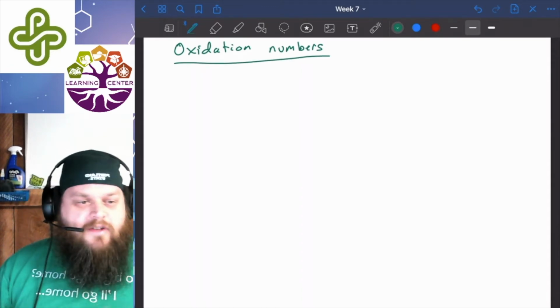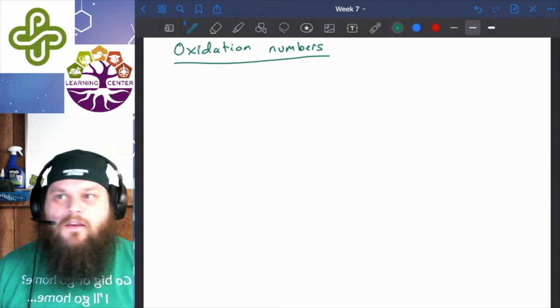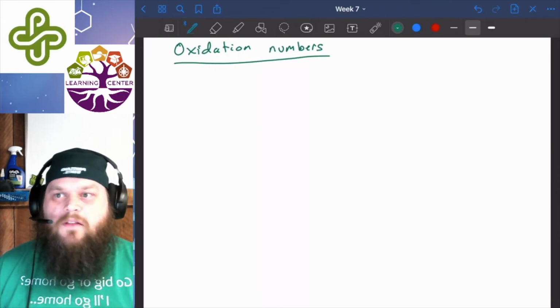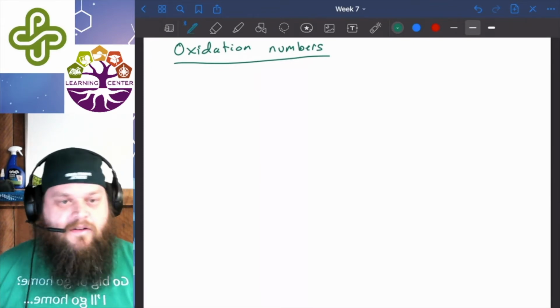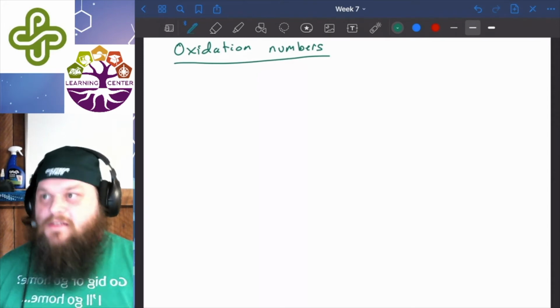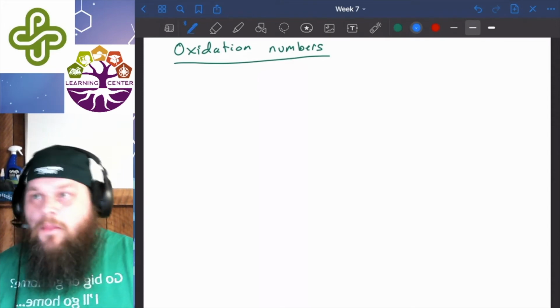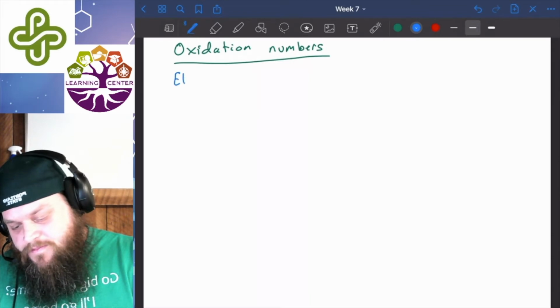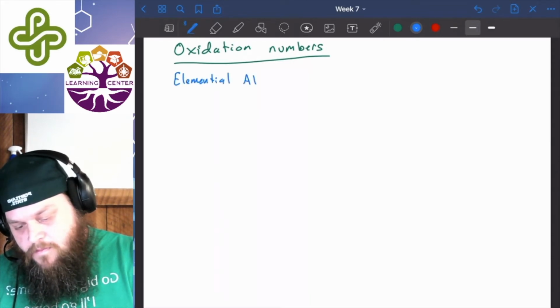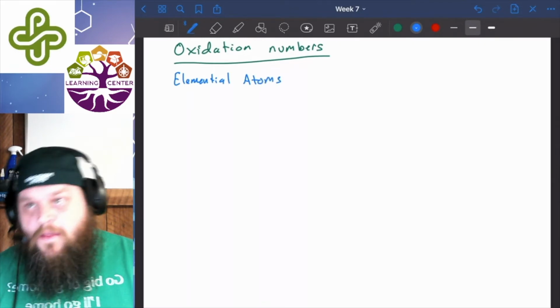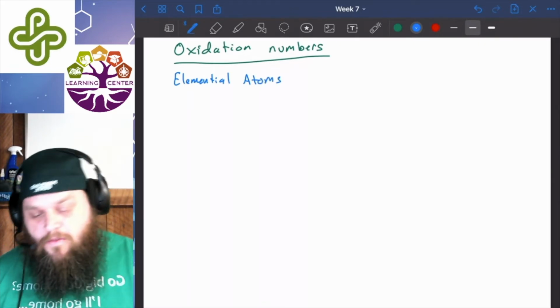Oxidation numbers are essentially the relative charge that a certain atom has within the species that it's in. And when we talk about elemental atoms, they have an oxidation number of 0.